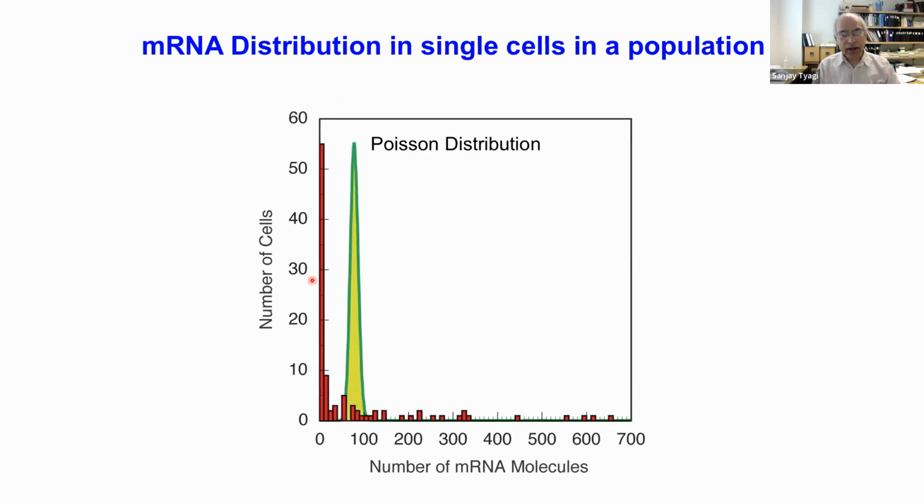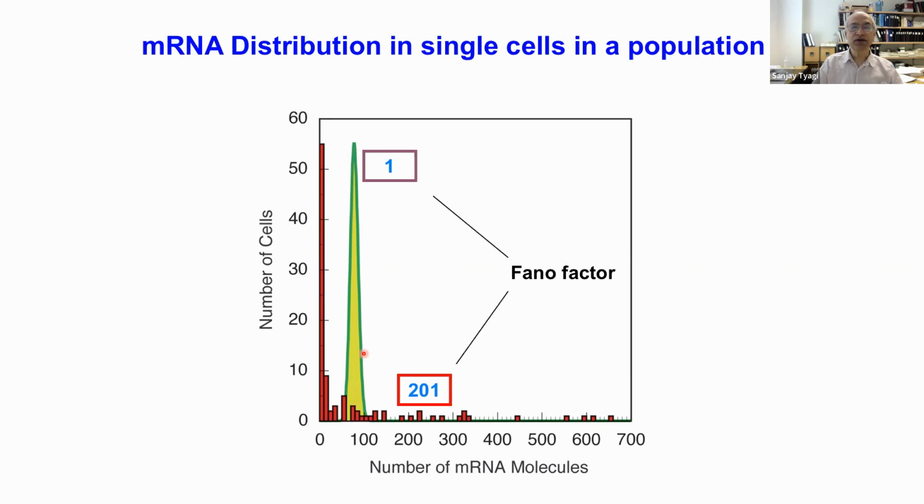And if every cell was likely to make RNA with equal probability, it would follow a Poisson distribution. Meaning, if the average of this population is about 90 molecules, the distribution should be something like this.